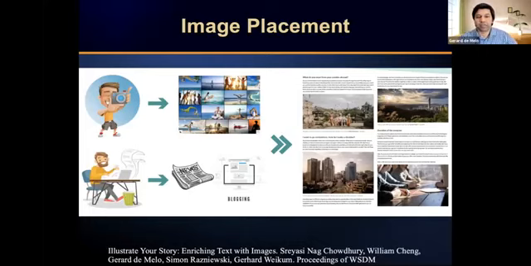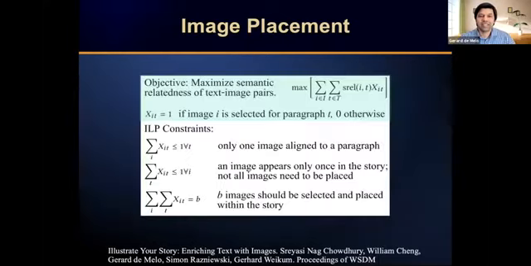And similar things when you're blogging in general about general topics, you might have a library of images from the news or elsewhere. In this other paper, we optimize using an integer linear programming setup. We optimize this objective of maximizing the relatedness between the images and the paragraphs of text that they're associated with, subject to certain constraints.